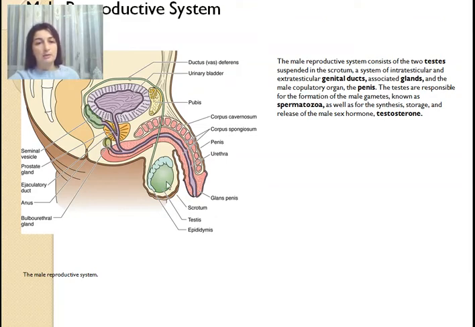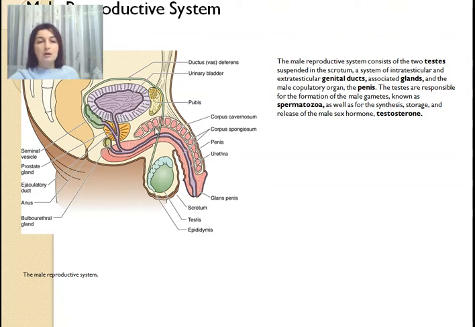So here we can see the paired testis, the paired seminal vesicles and bulbourethral glands, but unpaired is the prostate gland, as we see here, and lots of duct systems. And the penis is also a part of the male reproductive system.